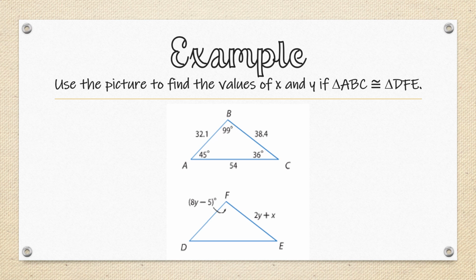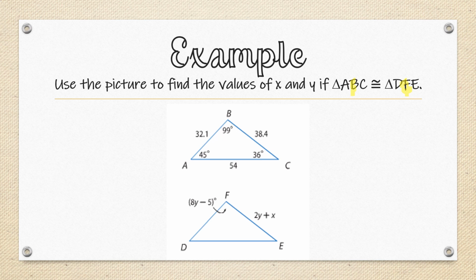It's really important that you pay attention to that congruent statement so that you know which angles are congruent. Looking at angle B, I can see that it's marked 99 degrees, and angle F is marked 8y minus 5. If I look at that congruent statement, B and F are in the same location, so those angles are congruent to one another.